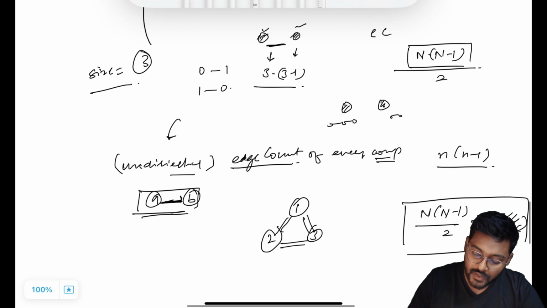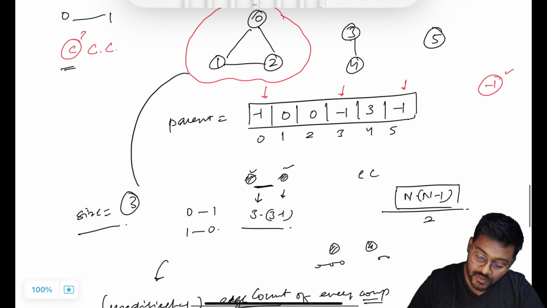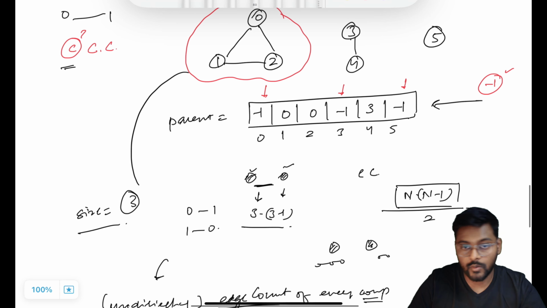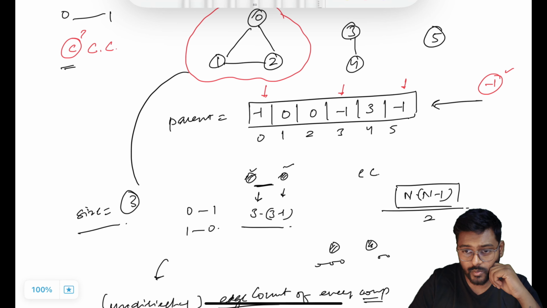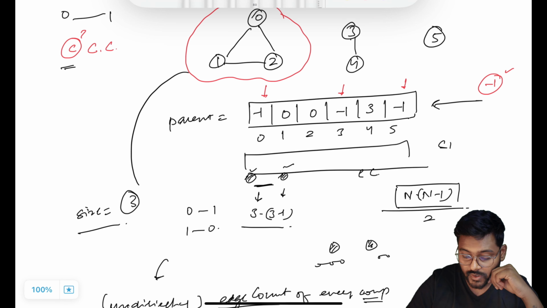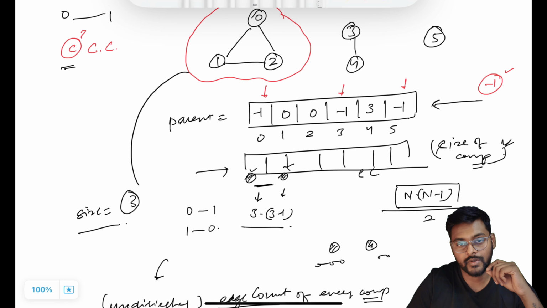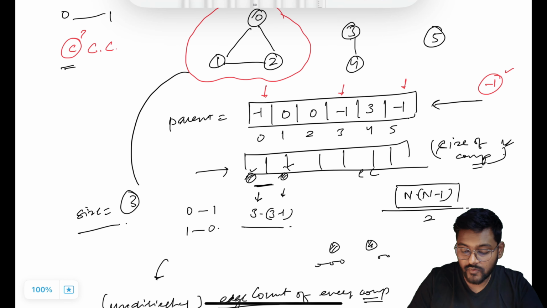So the idea I'm trying to tell you is, first you should check what all the connected components are. Along with that, try to capture the size of each component. How can we check the size of a component?